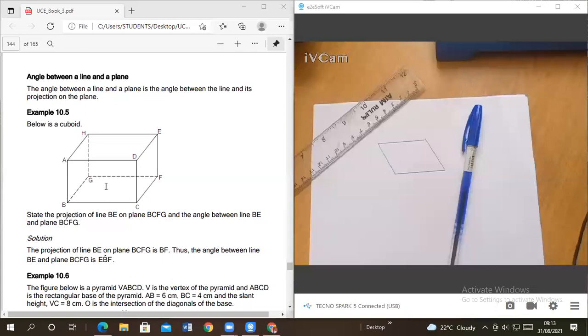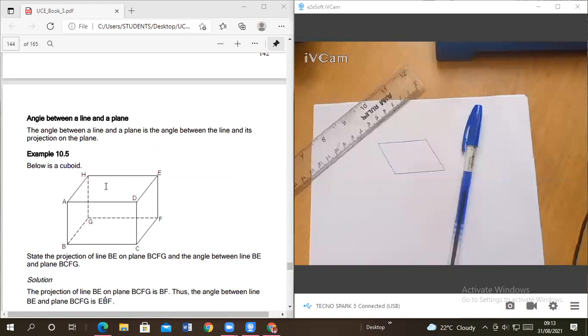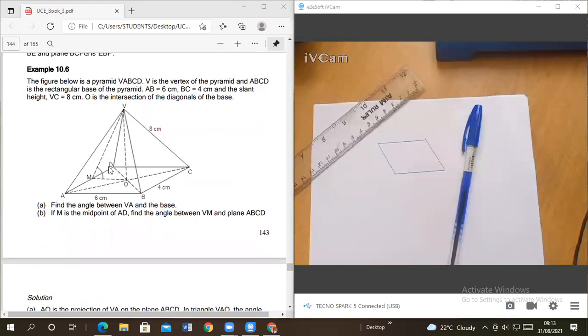We looked at also finding the angle between a line and a plane. I think that was our previous section. So there may be lines and they tell you, find the angle between, let's say, the line MV and the plane ABCD. I want you to remember very well, what is a plane?